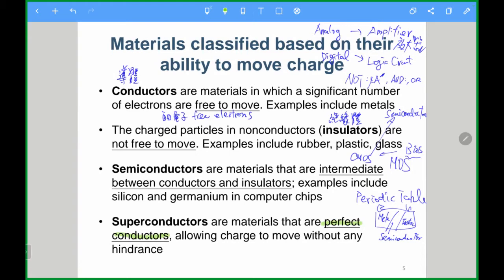But achieving the superconductor phenomenon is very, very difficult. You must reach a very, very low temperature, close to 0 Kelvin.